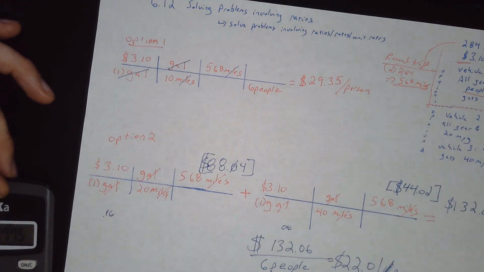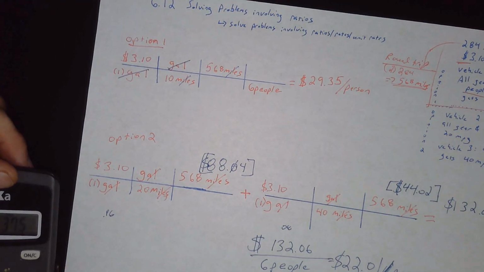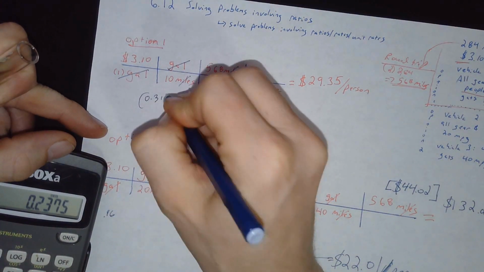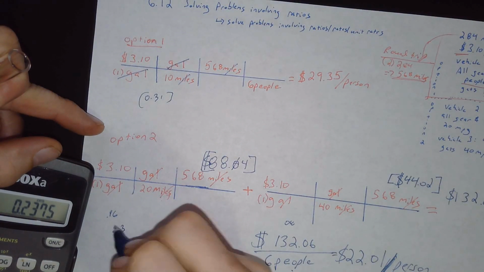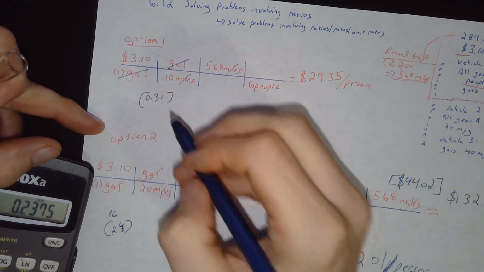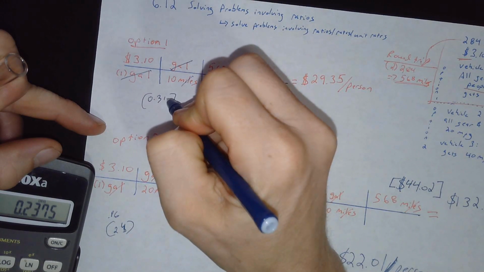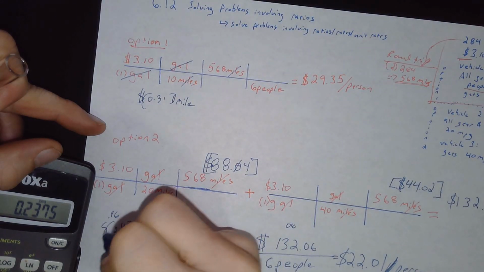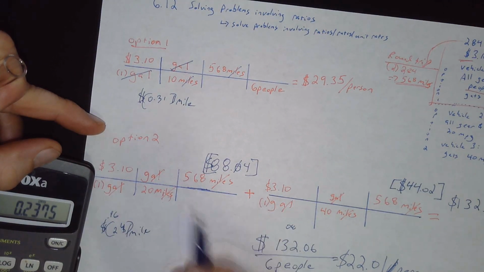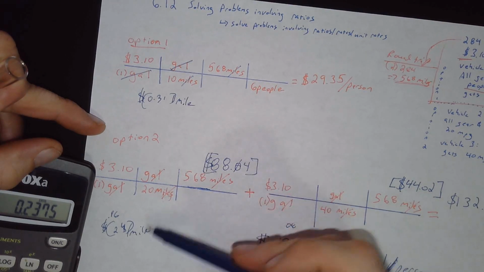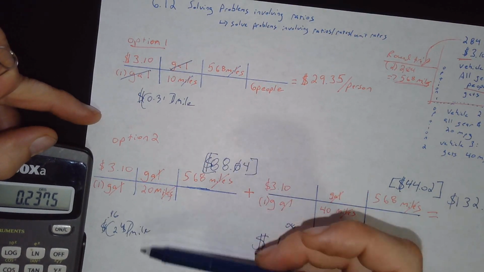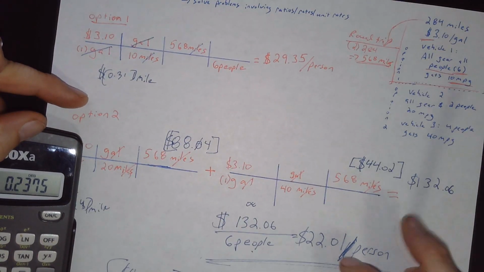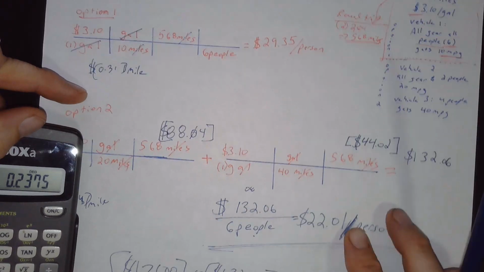Plus 16 cents a mile is 24 cents a mile. So this was 31 cents a mile versus 24 cents a mile, right? This is dollars per mile for the total of these. So you can see even after one single calculation which one's going to be more cost effective. But those cents per mile pay off in the long run.